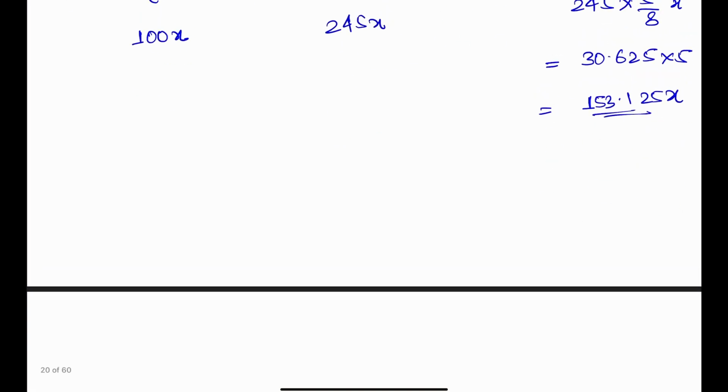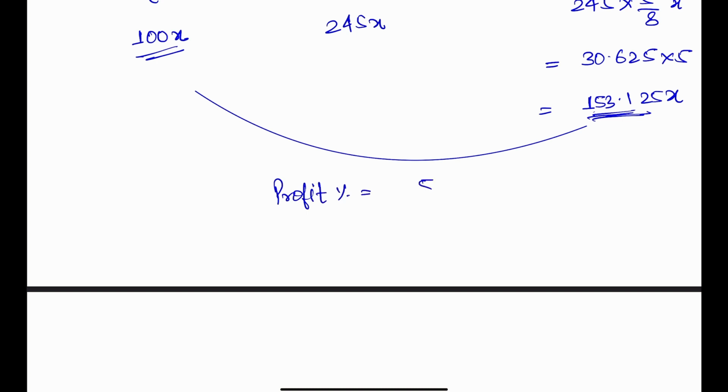My initial cost was 100 and I sold at 153.125, so my profit percentage will be 53.125%.